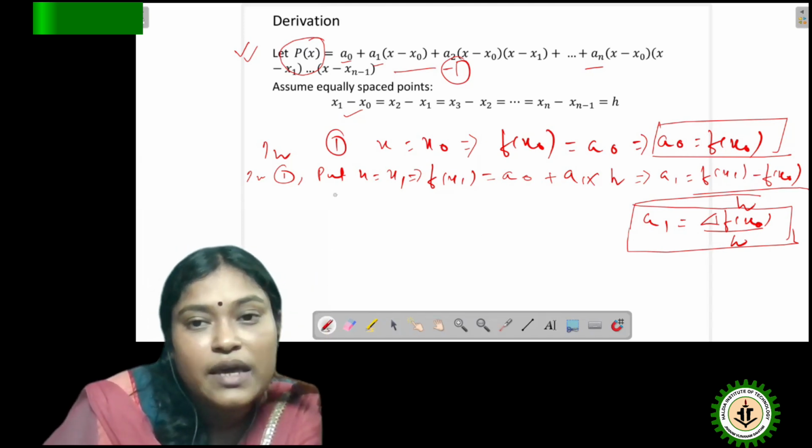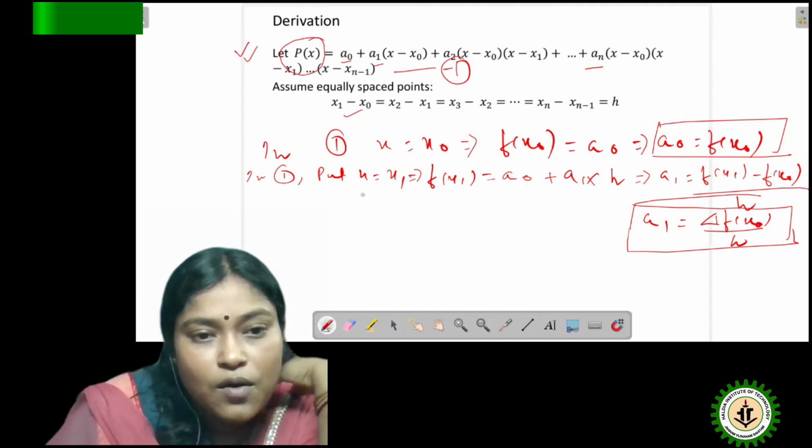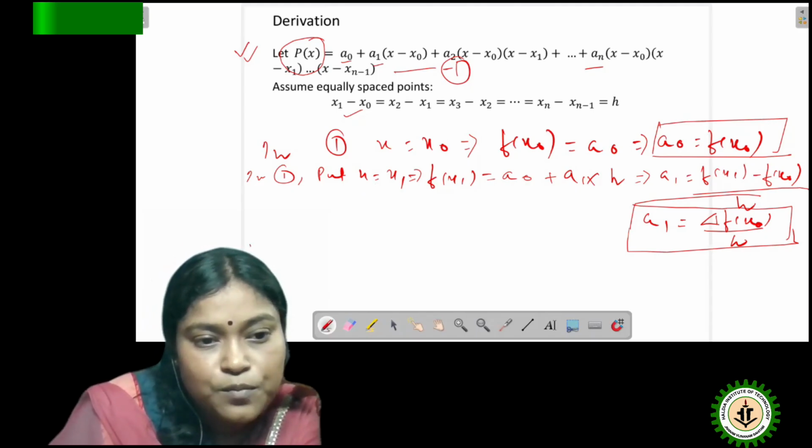Next, to find a2, I will put x equals x2 in 1.